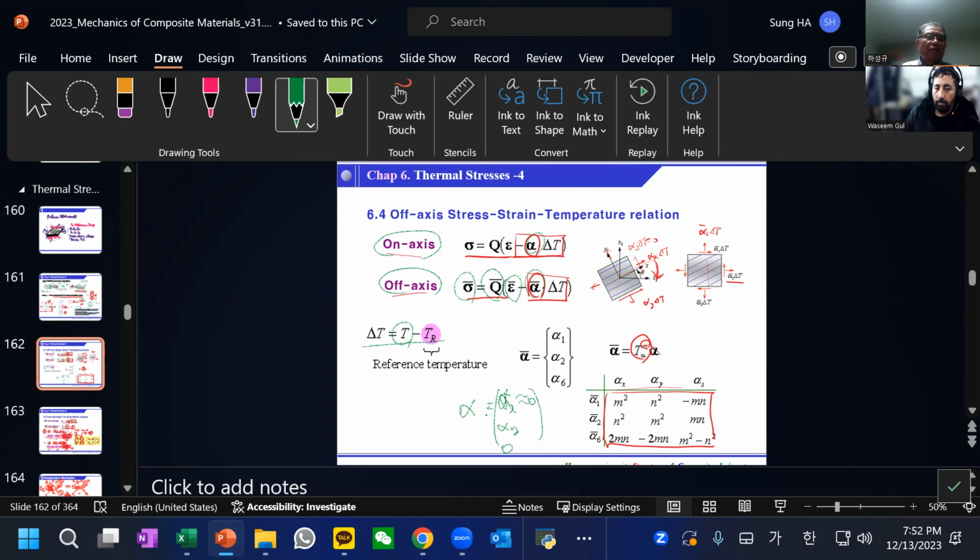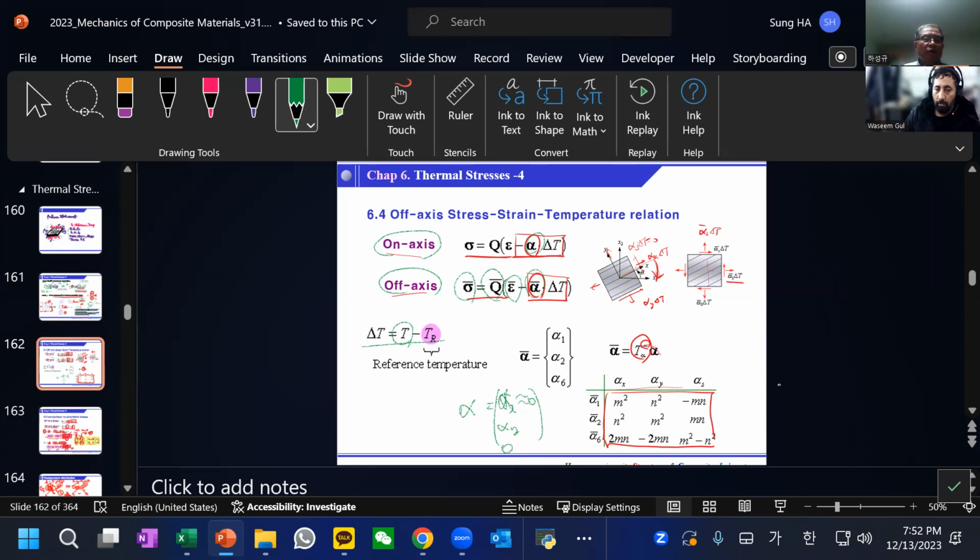So we cannot just neglect it as 0. And sometimes this can be negative because of the carbon fiber, in mechanical structures.